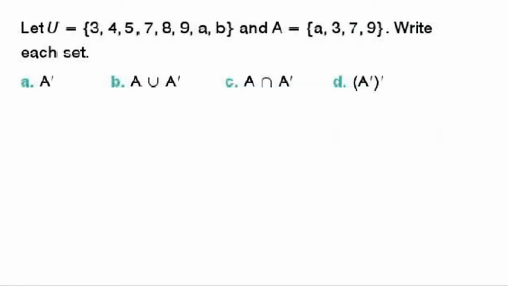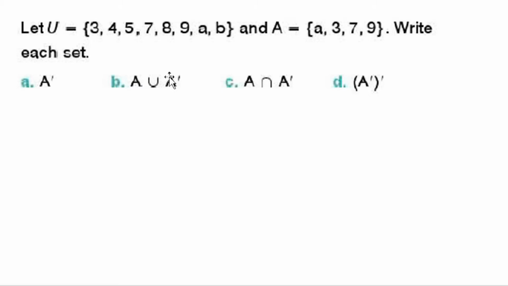Let's try this one. Let U be the universal set whose elements are 3, 4, 5, 7, 8, 9, A, B. And set A whose elements are A, 3, 7, 9. We have to write the following sets.